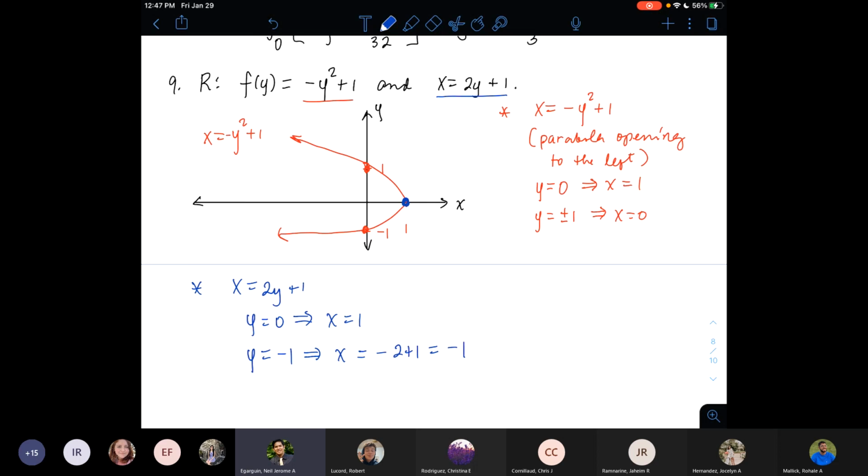Oh, I thought that would be another point of intersection, but it won't be. So y is -1, x is -1, it will be here.